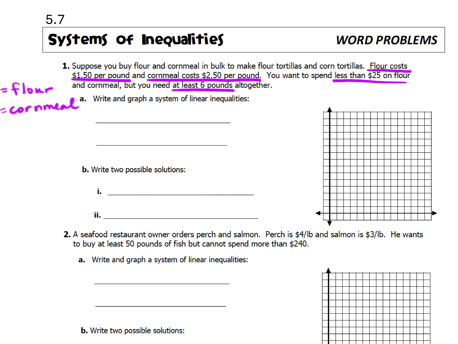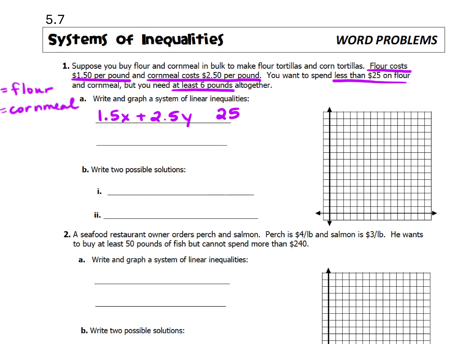Okay, but not equals. Is greater than 6? So 150x, which 150 is 1.5. I'm not even going to put the 0 on there. If you want to put the 0 on there, you can, but I think it's just extra stuff. It doesn't change anything because it's a decimal point. So 150x plus 250y somehow relates to the number 25.